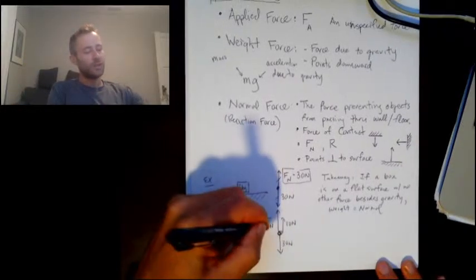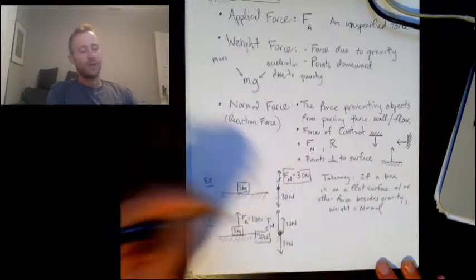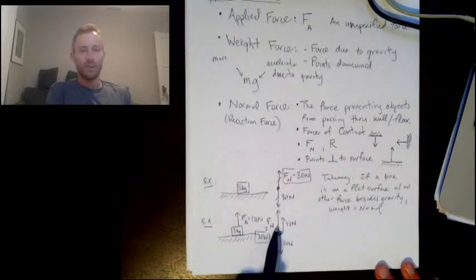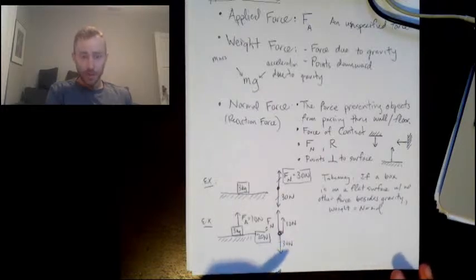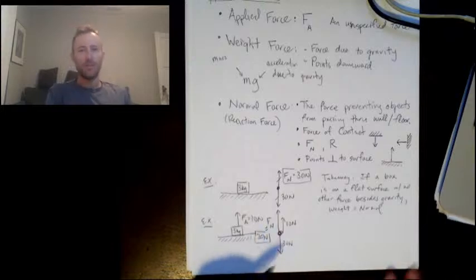So the normal force would have to be 20 newtons in this case. That makes the total upward force 20 newtons plus 10 newtons, which equals the downward force of 30. So this is an example where normal force is not equal to weight.